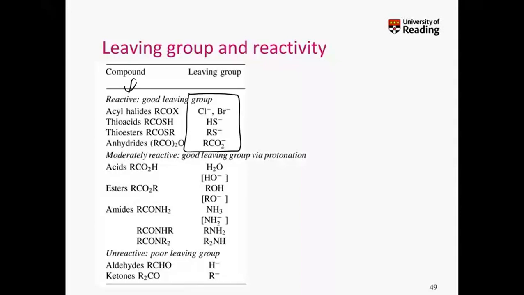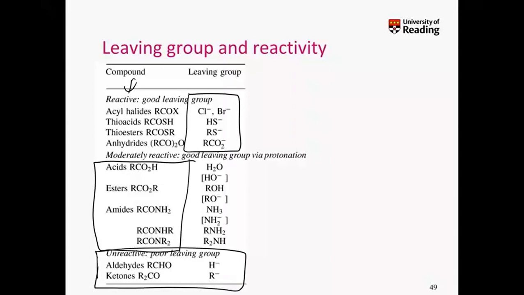You've then got the moderately reactive one, okay, and that's where you've got a good leaving group, but it requires some kind of activation. It requires, for example, protonation. So then these ones will be reasonably reactive, but then what we're saying is for this kind of addition and elimination, aldehydes and ketones are really not good. Okay, so that table is really useful for you to get an idea of what makes a good leaving group and what doesn't.